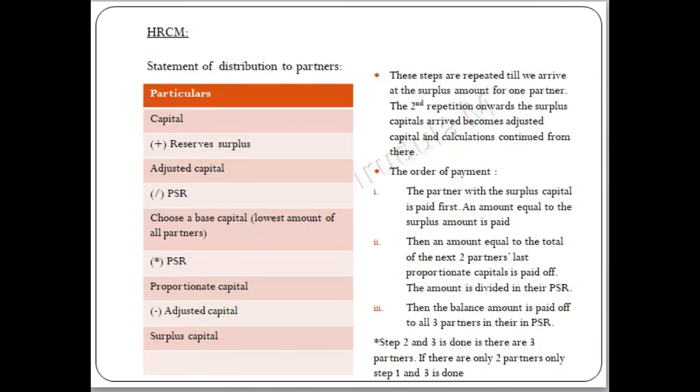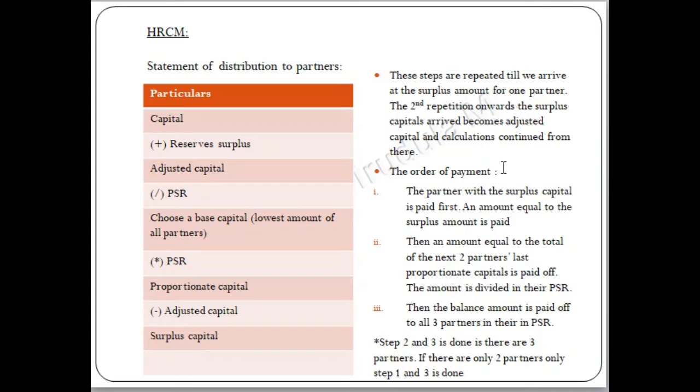Choose the lowest to be the base capital. Multiply that base capital amount into the PSR of each partner to arrive at each partner's proportionate capital amount. That minus the adjusted capital of the second repetition will arrive at the surplus capital. So generally, only two such repetitions would be required and we would arrive at surplus capital for one partner.